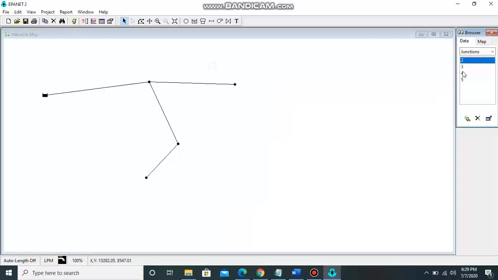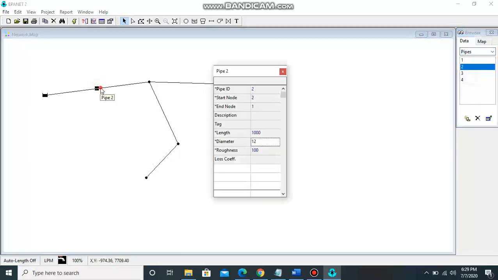Next are the pipes. Input here the length of the pipe in meters. Let's say it is 1750. Then the diameter is in mm, say 400 mm.